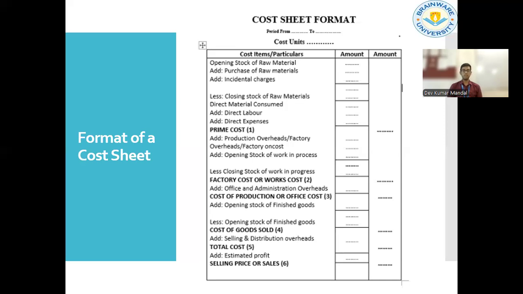All the factory expenses are added, and we arrive at the factory cost or works cost. After calculating the works cost, we calculate the cost of production by adding the opening stock of finished goods and deducting the closing stock of finished goods. After calculating the cost of goods sold, we calculate the total cost by adding the selling and distribution overhead. After calculating the total cost, we add the profit and then calculate the overall selling price.